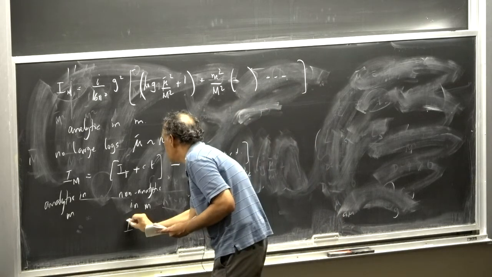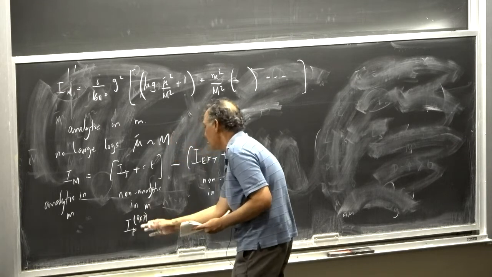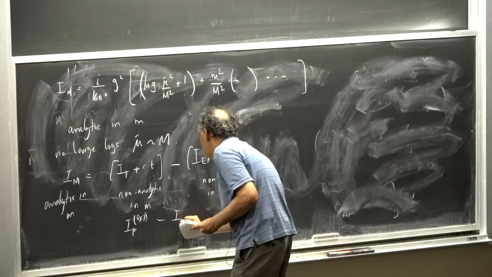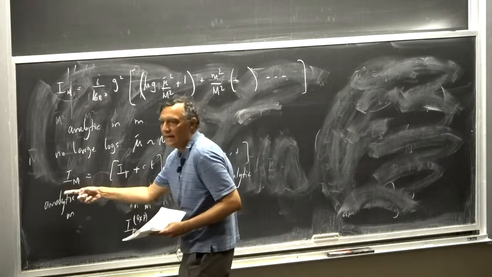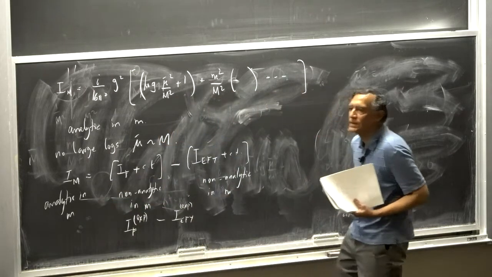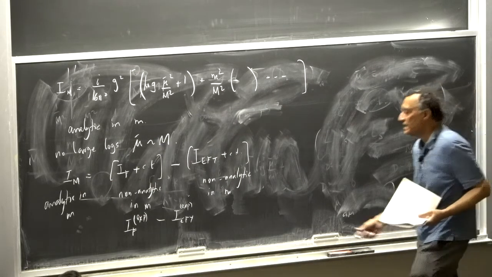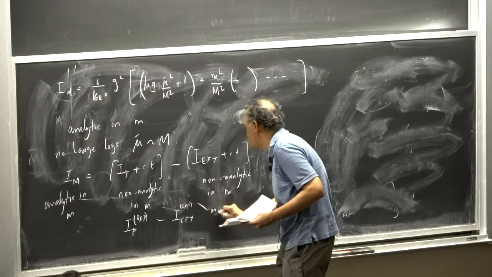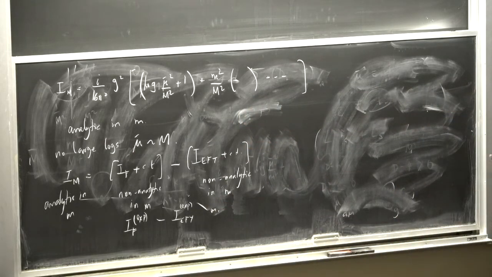I have I_F expanded plus the counterterms minus I_EFT expanded, and that's still I_match. Expanded here means expanded in little m. OK, so now let's see what happens.